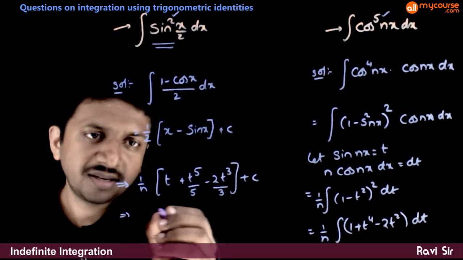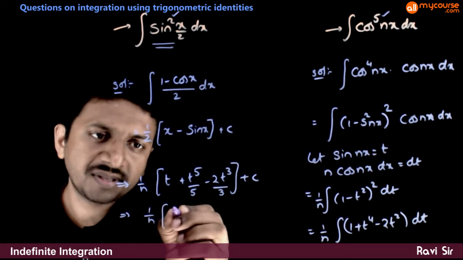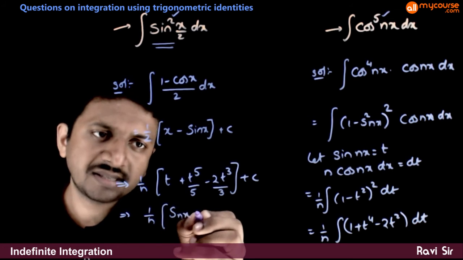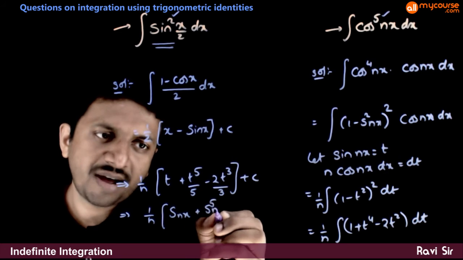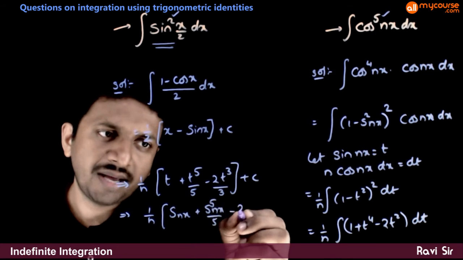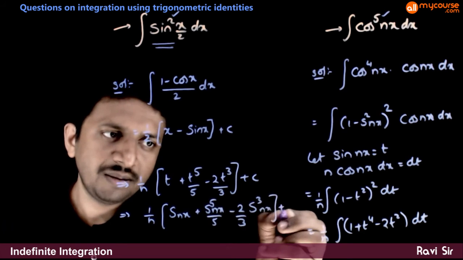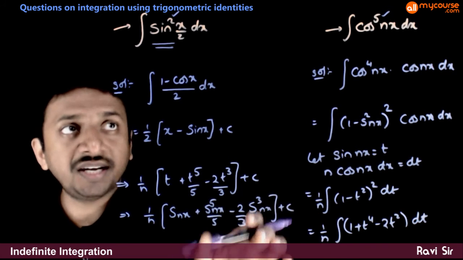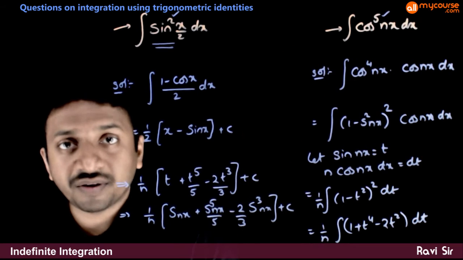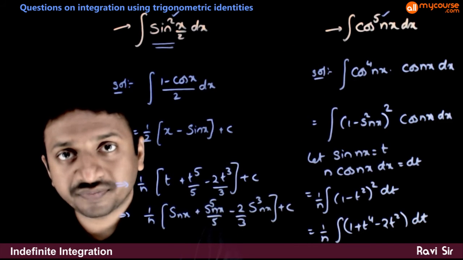This implies 1 by n times (sin nx plus sin⁵(nx) by 5 minus 2 by 3 of sin³(nx)) plus c. So this will be the integration of cos⁵(nx).